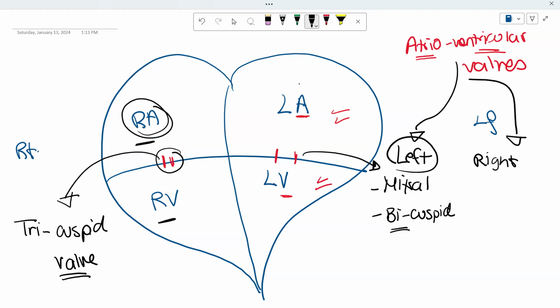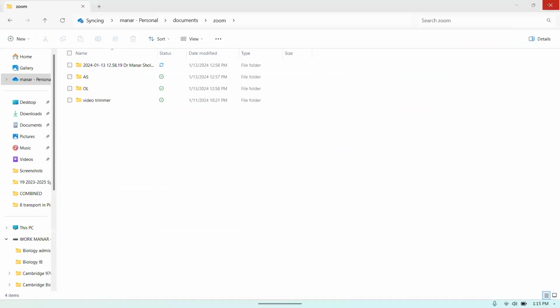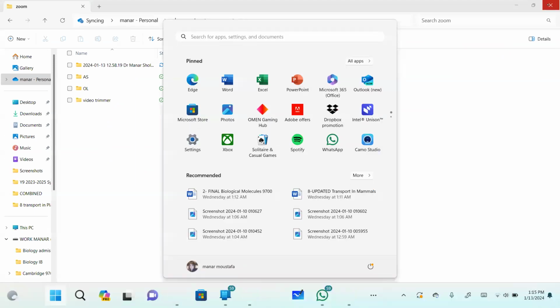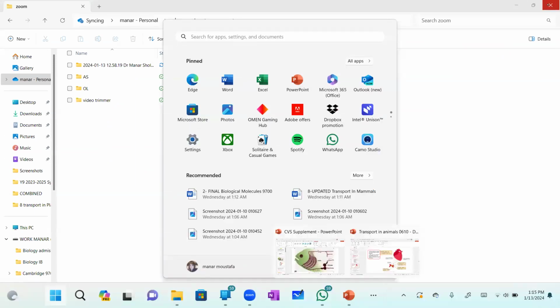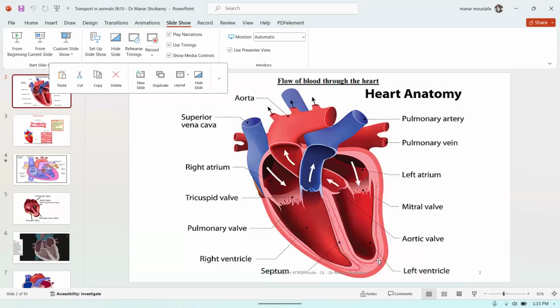Anyone has any questions? Anyone wants me to repeat anything? The valve on the right side only has one name, which is the tricuspid. Yes. Okay, see, this is a nicer picture here.